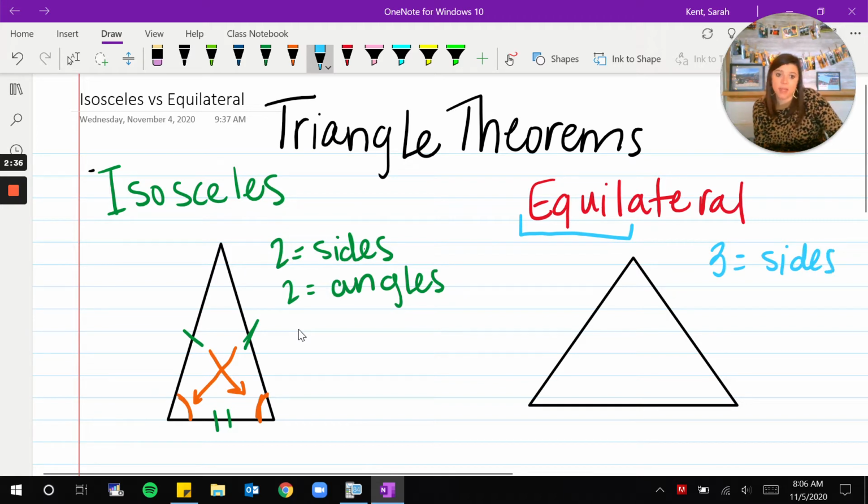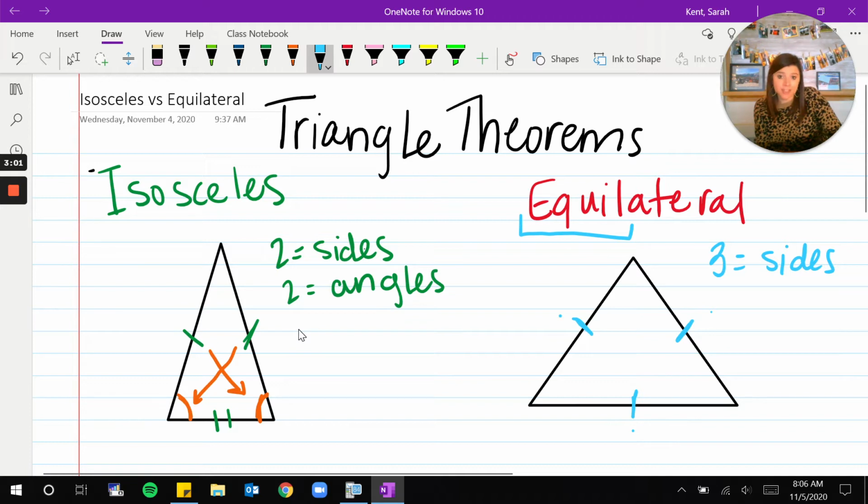Three equal sides. So that means if this side has a tick mark, all the other sides will have a mark on them. So if this first side is 12, then this other side is 12, and the bottom is 12. If this first side is 26, the second side is 26, the bottom is 26. All three sides are equal.